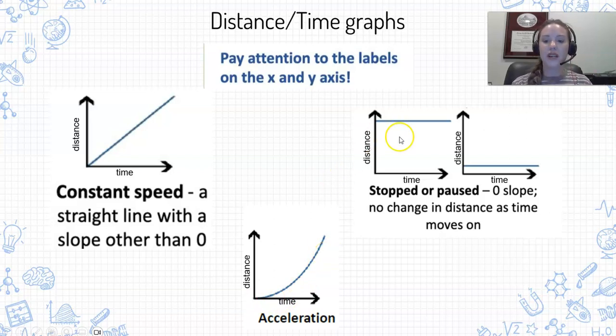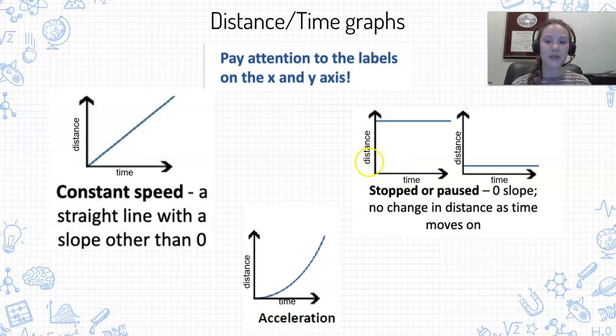Now, over here, if we see a flat line, then the object's motion must be stopped, or paused. So seconds are ticking by, tick, tick, tick, tick, tick, but we're not getting further away from our reference point. We're not getting closer to our reference point. So we know that we must be stopped.